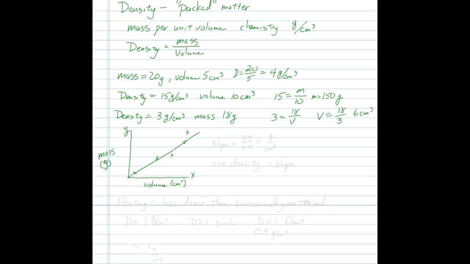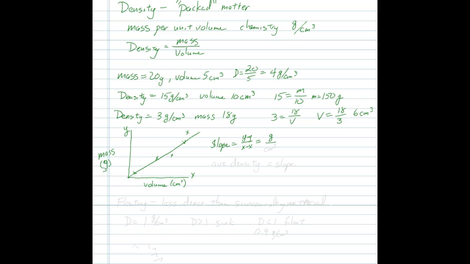What you would do is to find the density, find the slope. The slope is change in y over change in x, and change in y would be in grams, because that's on the y-axis.